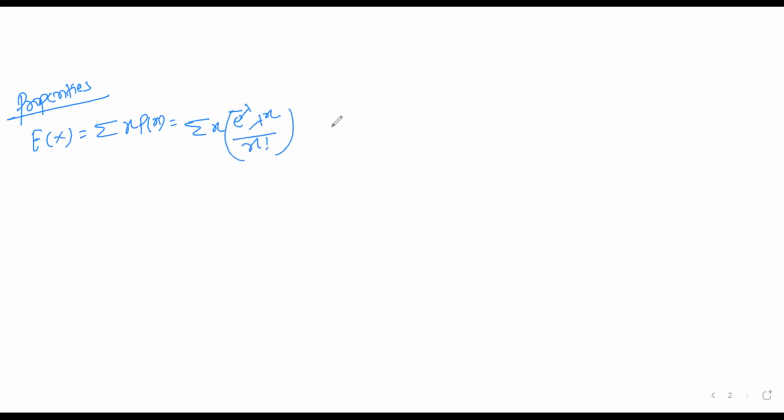The properties of the Poisson distribution: the expectation of x is x into p of x, where p of x is e raised to minus lambda into lambda to power x divided by x factorial. If you simplify, you will get lambda, and lambda is given as n into p.